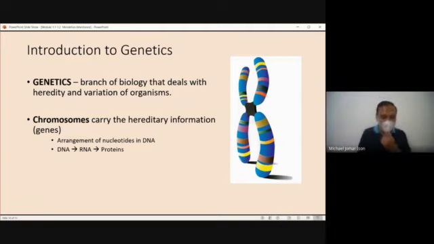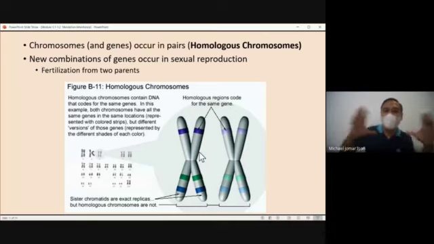So chromosomes are carriers of heredity information, also called genes. You have to take note as well that the chromosomes occur in pairs, as you already know, and new combinations of genes occur in sexual reproduction. In the first quarter, we already studied that genetic variation can happen in two places.